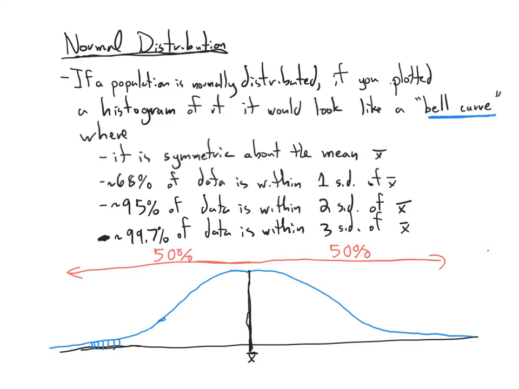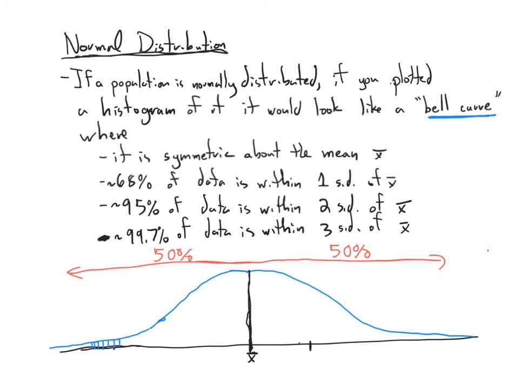And it's symmetric too. So however far we go on one side, the other side is going to have that amount of our data as well. So I know within 1 standard deviation, so I'll write it like this, and it's about here.